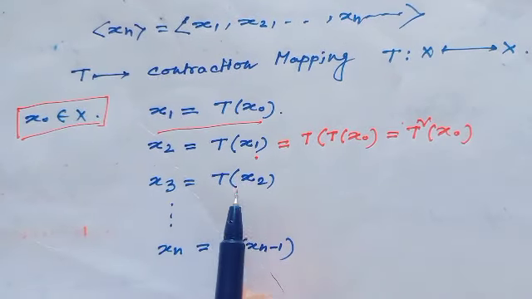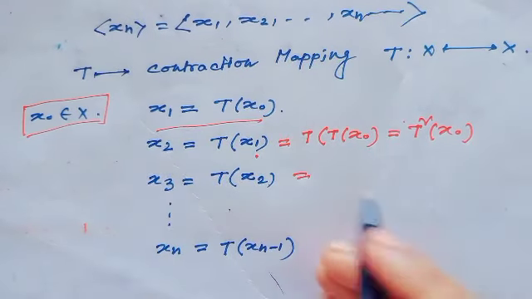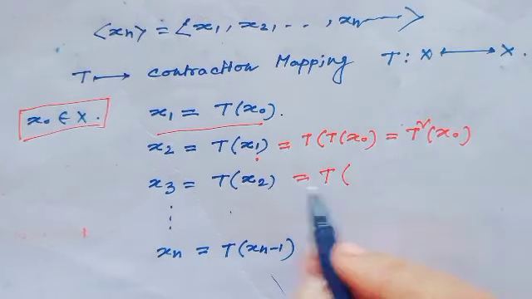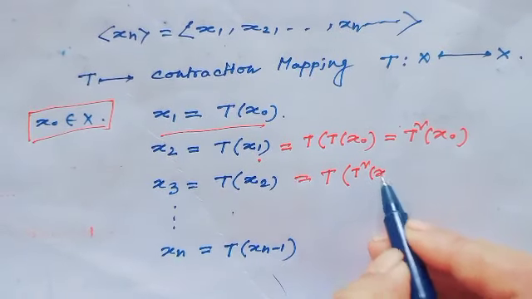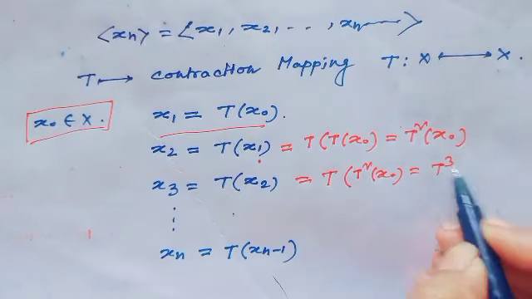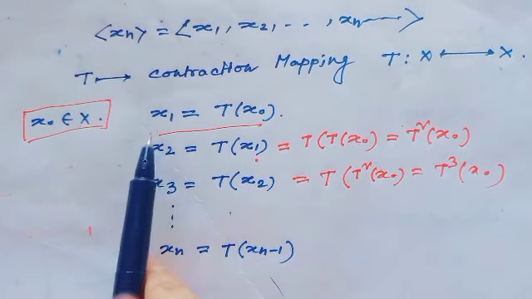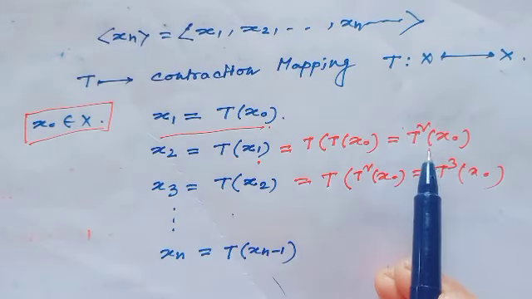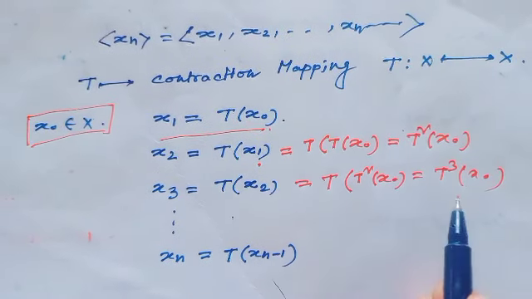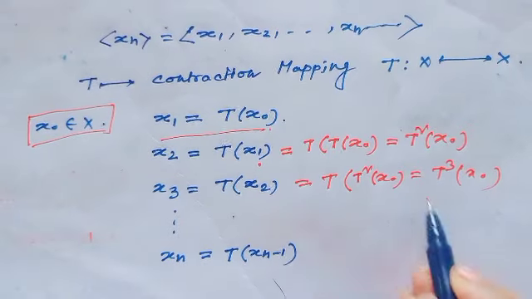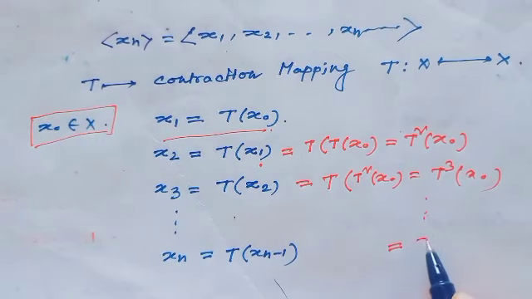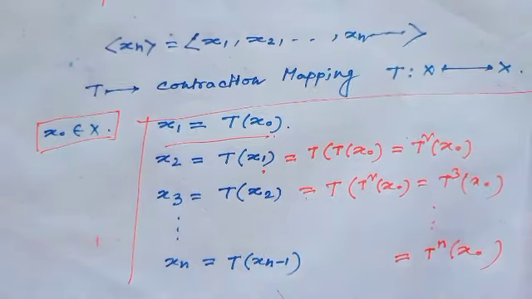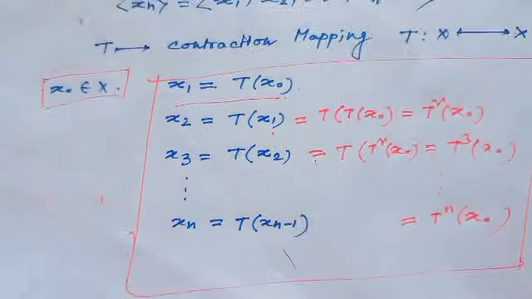Similarly, since x3 equal to Tx2, and x2 is T squared x0, this is T cubed x0. Therefore, x1 equal to T of x0, x2 equal to T squared x0, x3 equal to T cubed x0. Similarly, xn equal to T to the n x0. I hope all my viewers have understood this part easily.